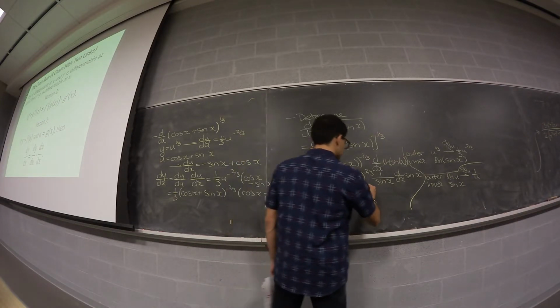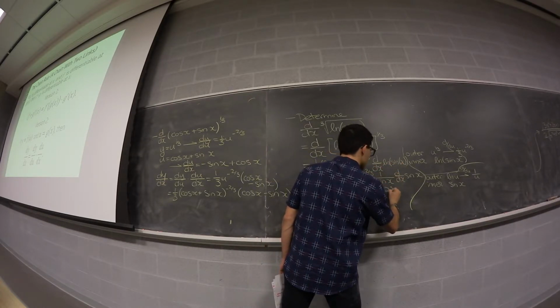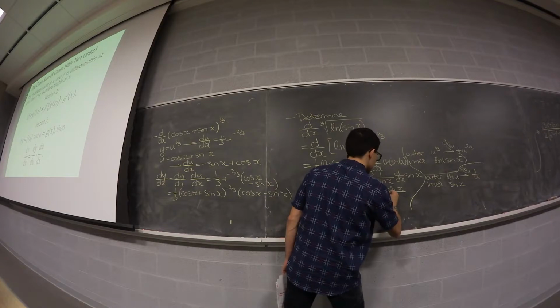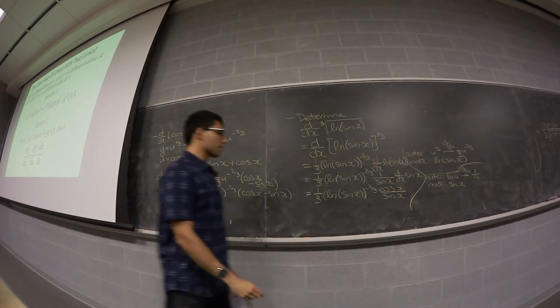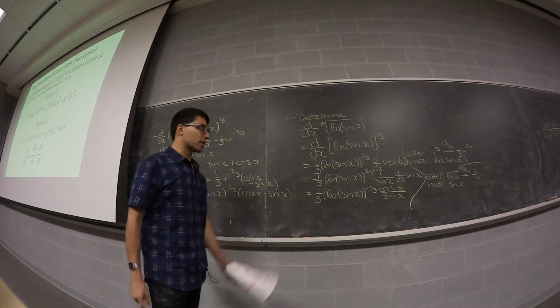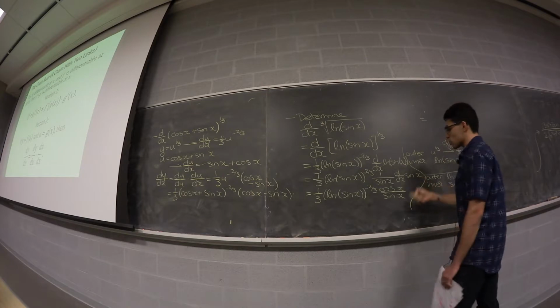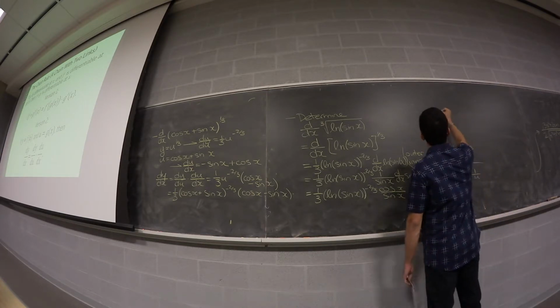One, two. Derivative of sine is cos, so I've got cos x over sine x. Okay? And if you want to rewrite that in a way that, say, Wolfram Alpha would be happy with, cos over sine is cotangent.